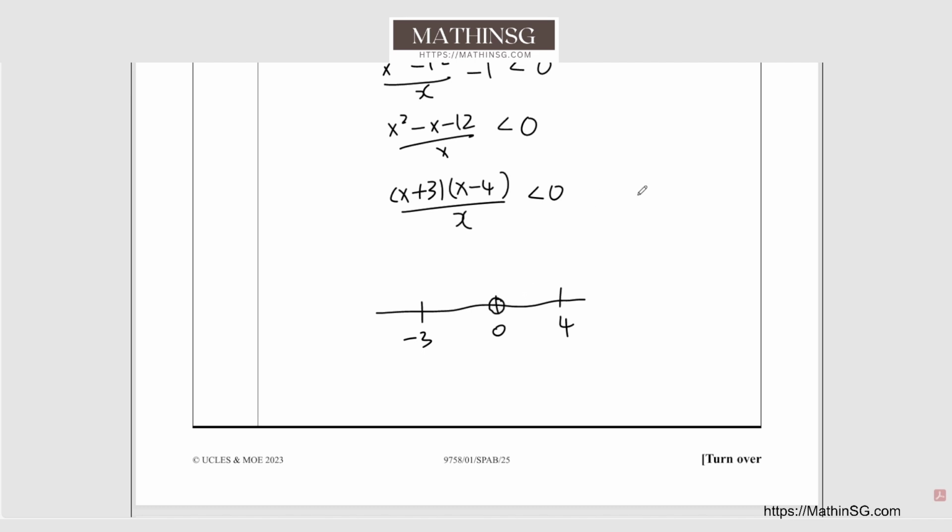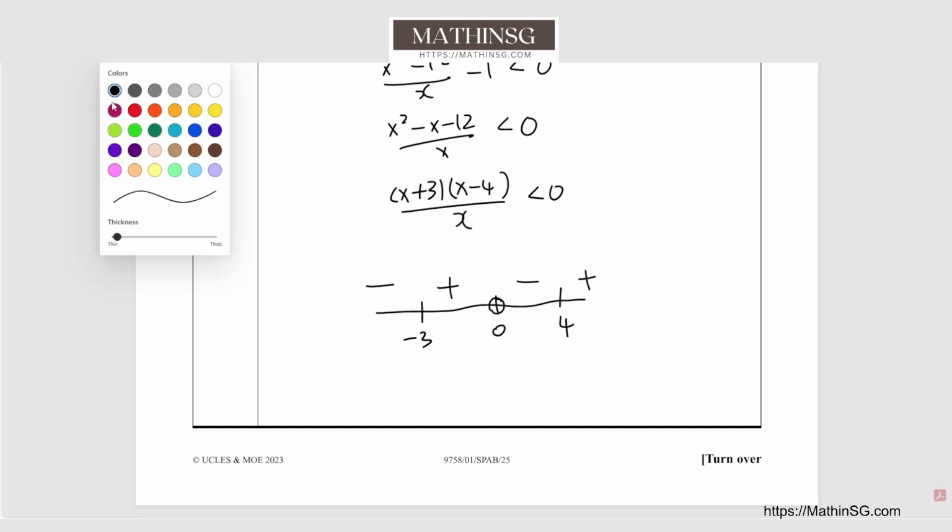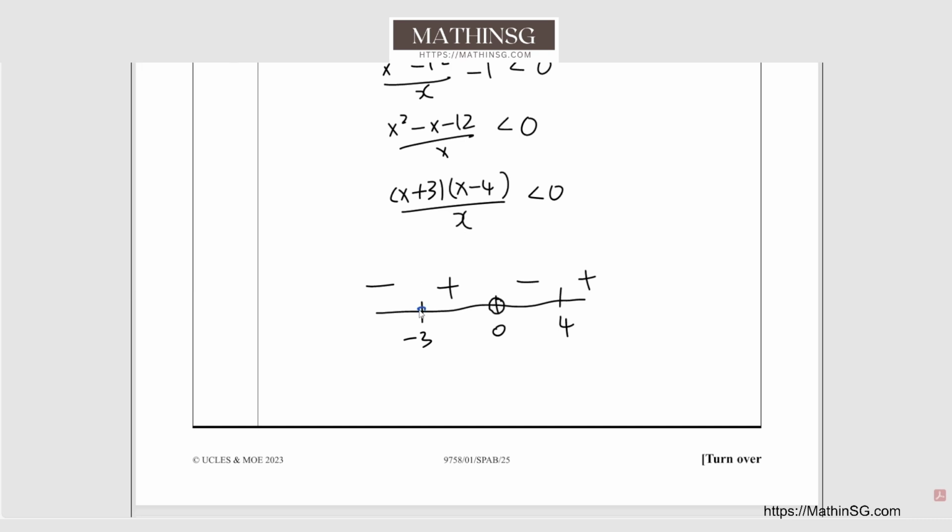Now coming back to this, I know that if I sub in a value greater than 4, maybe like 10, I'll get a positive value. So basically this will be plus, here will be minus, here will be plus, here will be minus. Now I'm interested in lesser than 0, which means negative.